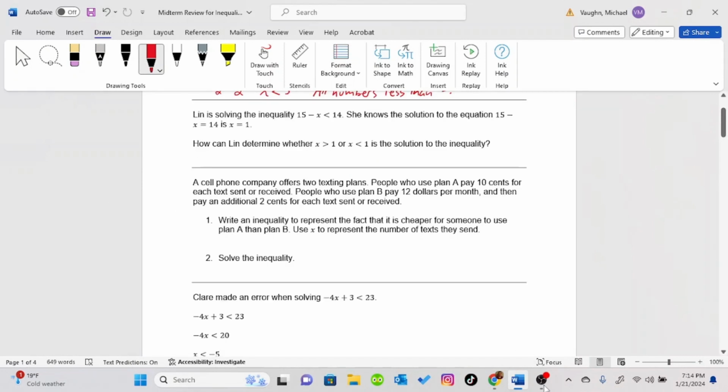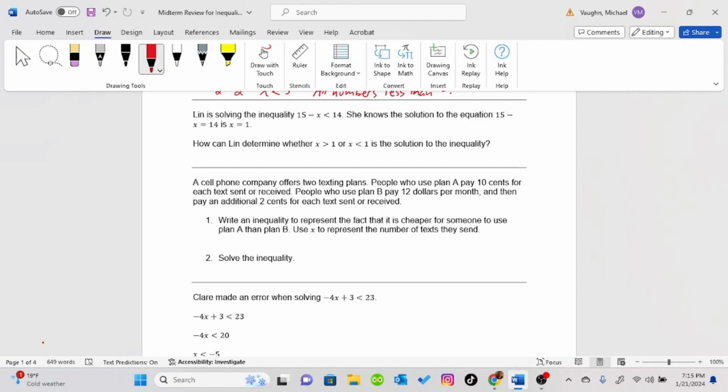Lynn is solving the inequality 15 minus x is less than 14. She knows the solution to the equation 15 minus x equals 14 is x equals 1. How can Lynn determine whether x is greater than 1 or x is less than 1 is the solution to the inequality?